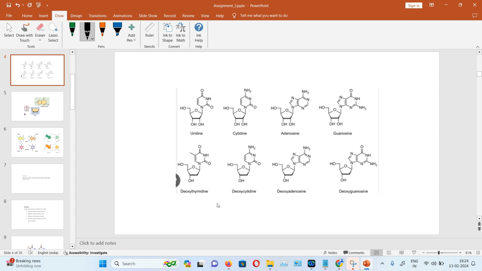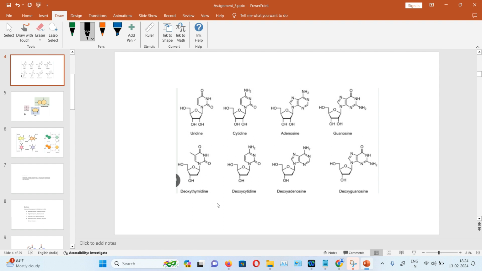So the sugar is deoxyribose sugar, which is only present in DNA, but in RNA it is ribose sugar along with the nitrogen base uracil.